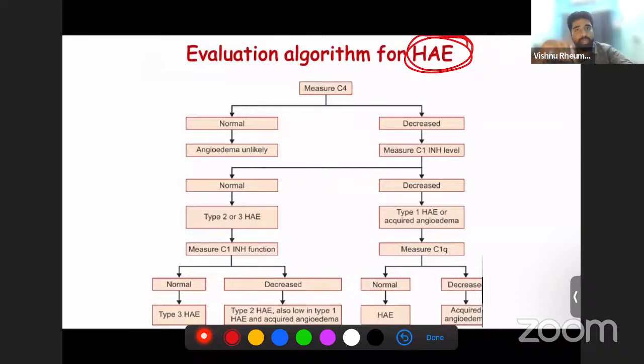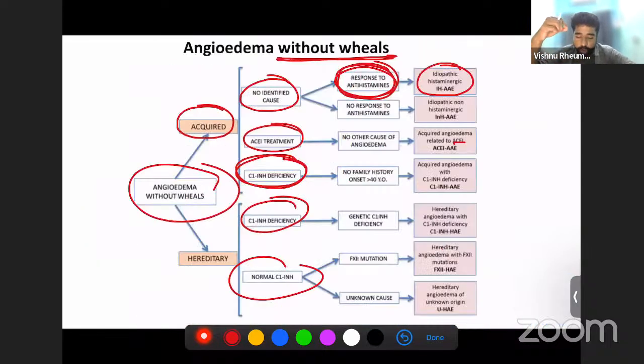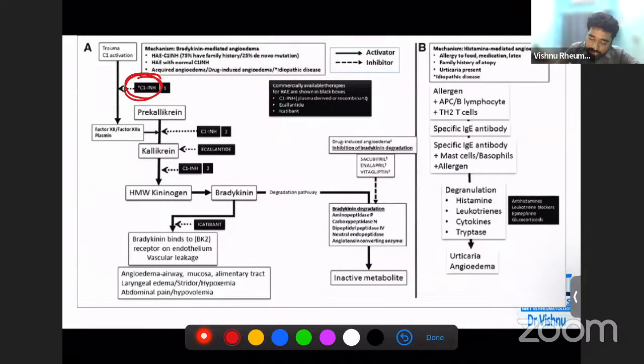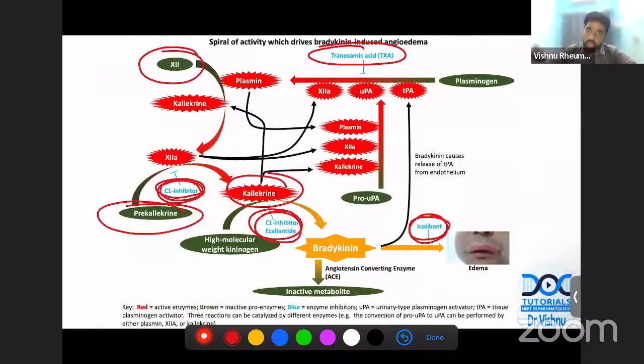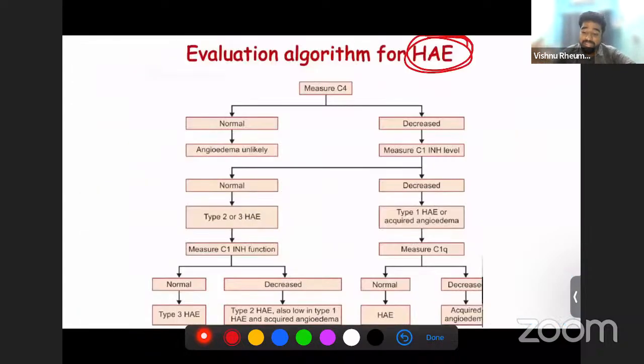We looked at C1 activation, which is a trigger point for your whole bradykinin pathway. Whenever C1 is activated, if you remember the complement pathway, there is increased C4 activation as well, and this leads to decreased C4 level. So whenever there is C1 activation, the classical pathway of complement is triggered, and that leads to decreased C4 level.